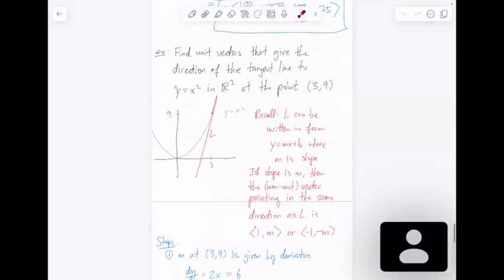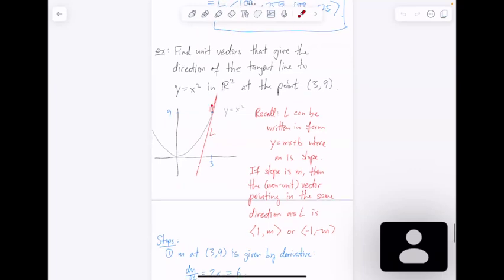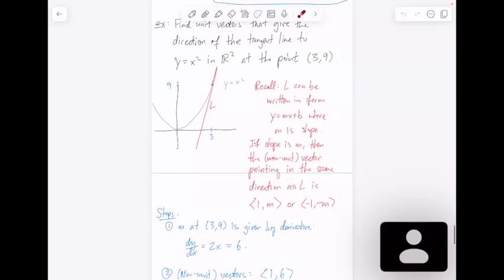And then there was a more geometric problem, which was finding a direction of a tangent line. So if I have a curve in 2 dimensions, from one variable calculus we know that we could take the derivative, and the derivative is the slope of the tangent line at each point. And it turns out that I could reframe this problem: if I know the slope of a line, then in fact I could tell you direction vectors.